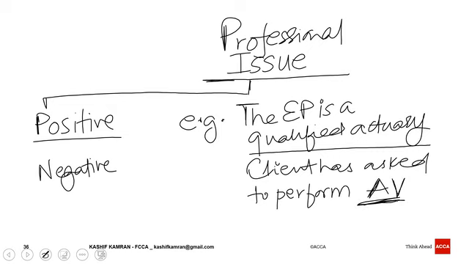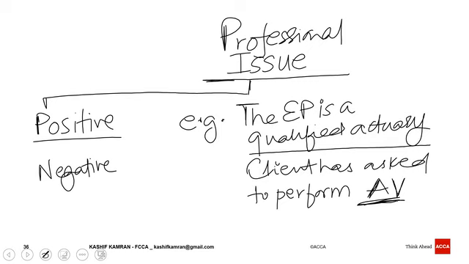We just discussed that in ethics. Suppose the client has asked you to perform an actuarial valuation, and the question says that the partner is a qualified actuary. Is that a plus point? That one of the partners is a qualified actuary? Yes and no? Positive? Yes, exactly.